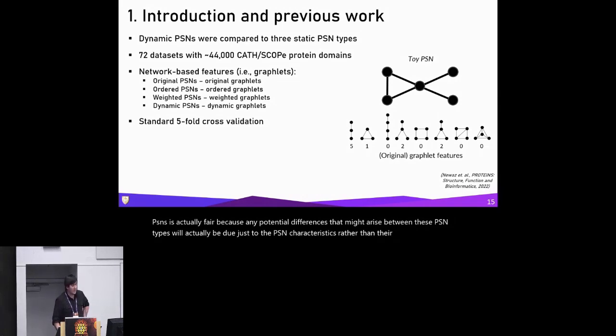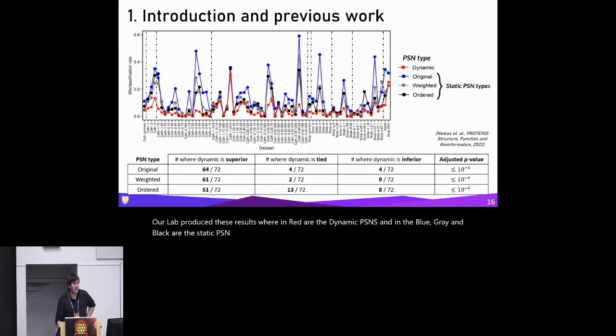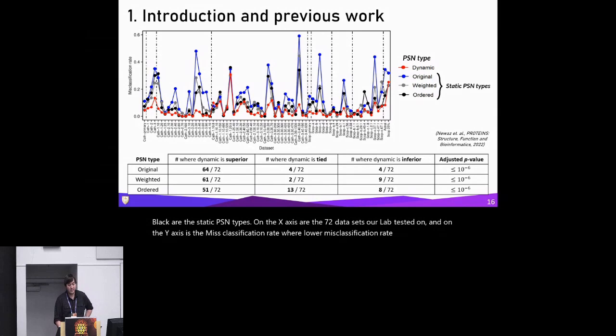Our lab produced these results where in red are the dynamic PSNs, and in blue, gray, and black are the static PSN types. On the x-axis are the 72 data sets our lab tested on, and on the y-axis is the misclassification rate, where a lower misclassification rate indicates better performance.